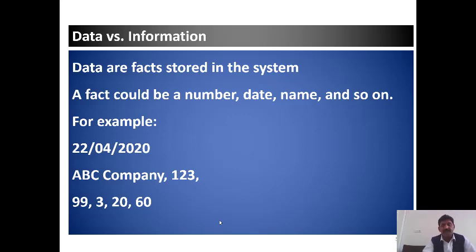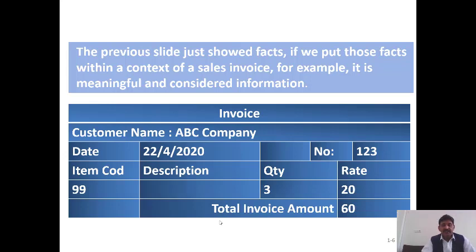Now see, in the previous slides you saw the facts and figures, dates and variable descriptions. In that case it has no meaning for us, and it remains only data. But whenever the same data is processed, like on an invoice, it gets relevancy to a date, to an invoice, to a company, and then it gives information.